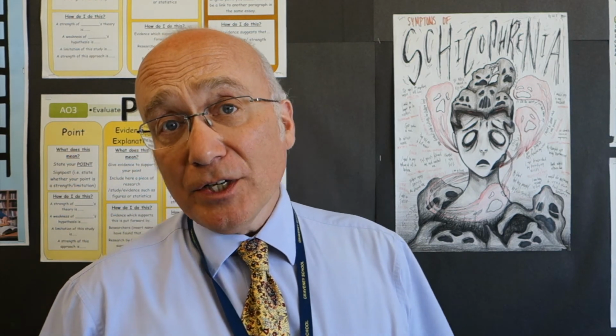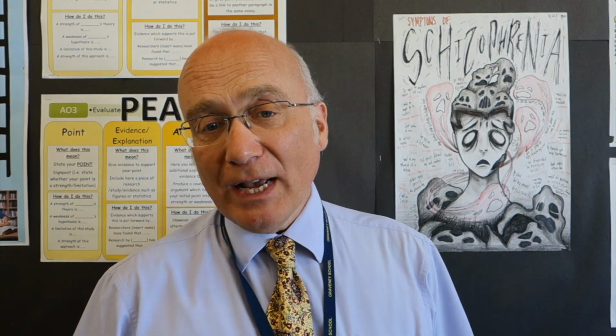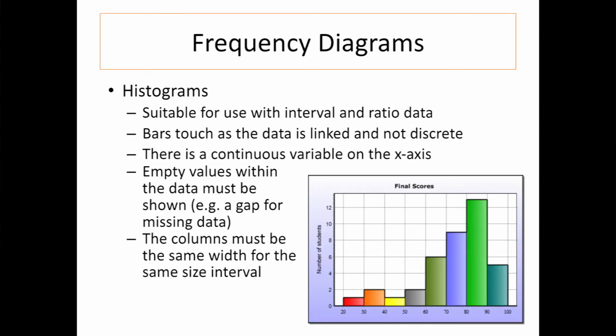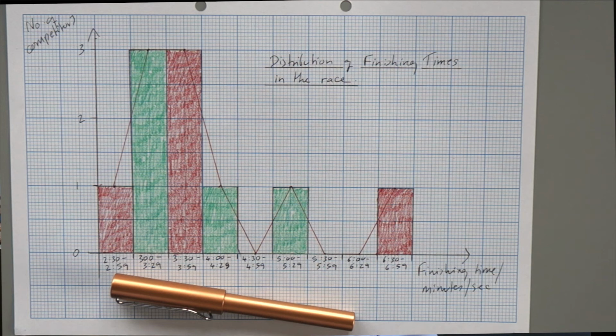A histogram, on the other hand, is like the one that I drew a moment ago for my running race. And a histogram is suitable for interval or ratio data. But can you note that when I drew my histogram, I collapsed the interval data into categories, which was 2 minutes 30 to 2 minutes 59, 3 minutes to 3 minutes 29, 3 minutes 30 to 3 minutes 59, and so on.